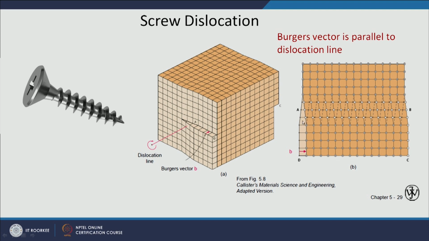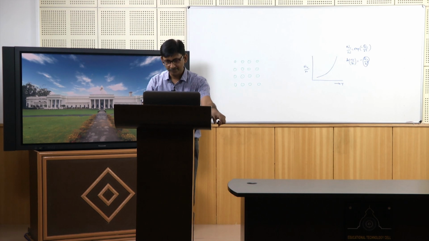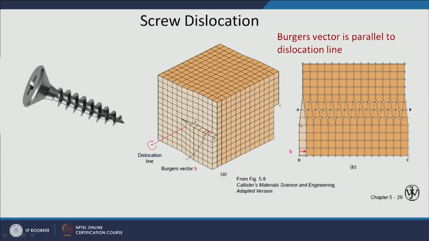In these two locations they are one above another, but where the dislocation is they are displaced by a small distance. So, when you travel one whole distance you will create a dislocation of one Burgers vector. This is what we call a screw dislocation.